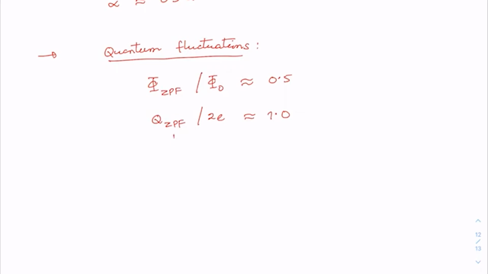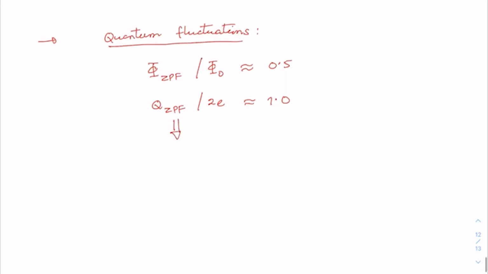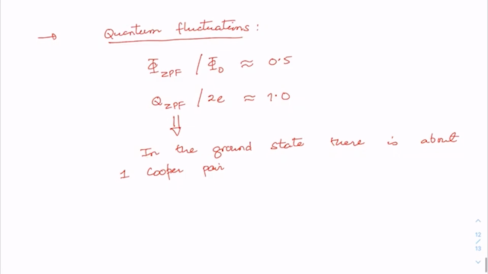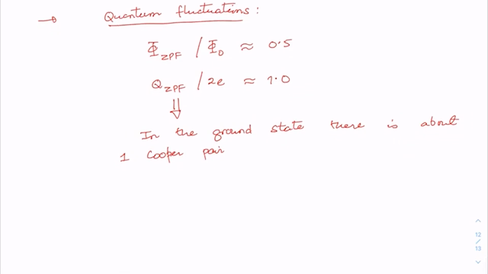So what it physically means is that in the ground state there is about one Cooper pair, as you can see from this equation, that q zero-point fluctuation divided by 2e is equal to 1.